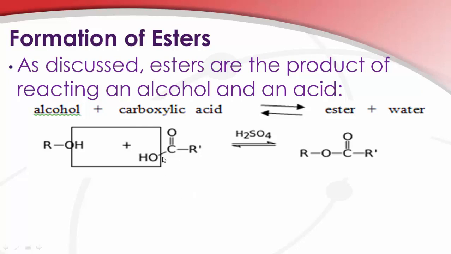So we break the bond between the oxygen and the carbon, break the bond between the proton and the oxygen, kick off water, and form our ester. This is done in the presence of acid. And again, if we want this reaction to proceed to completion, we can do something like pull out the water as it is produced.